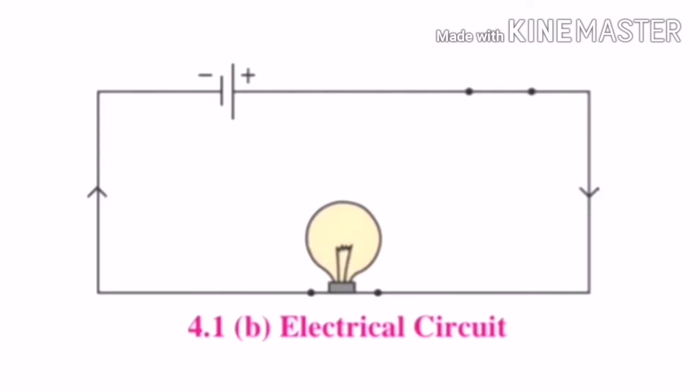Electrons in the wire flow due to the potential difference between the two ends of the dry cell. They flow from the negative terminal of the cell to the positive terminal of the cell. Students, always remember that current flows in the opposite direction.